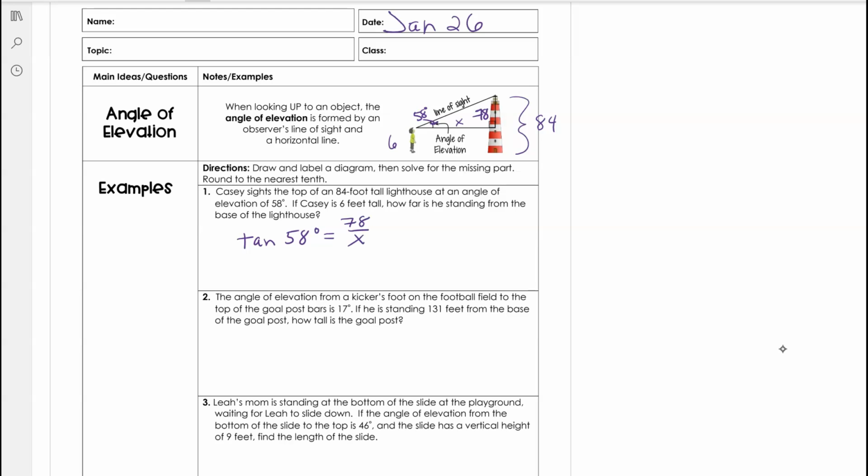When you cross multiply and divide, and I'm not going to do all of that, you ultimately end up with x equals 78 over tangent of 58 degrees, or x is equal to 48.7 feet. That's how far Casey is standing from the lighthouse.